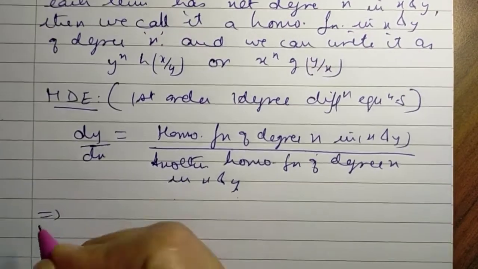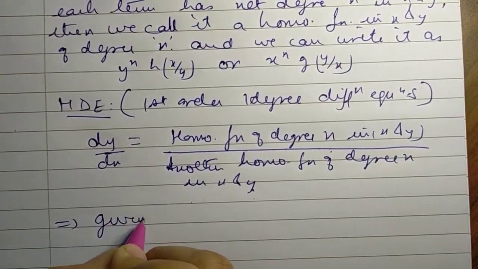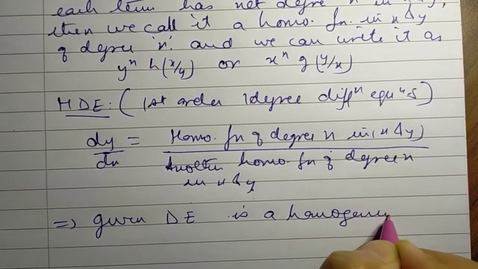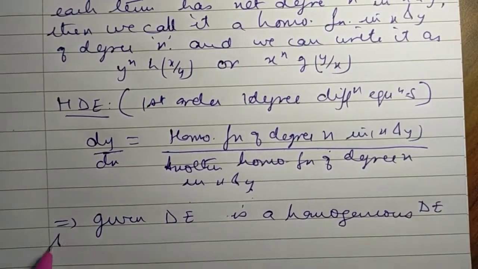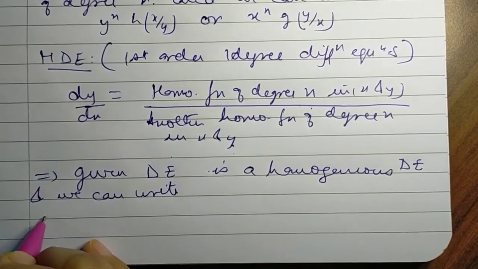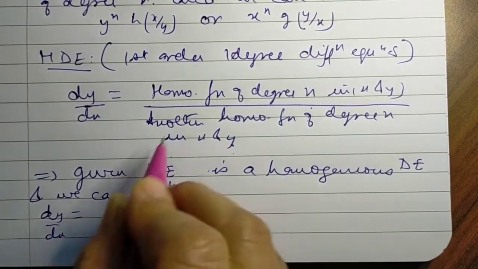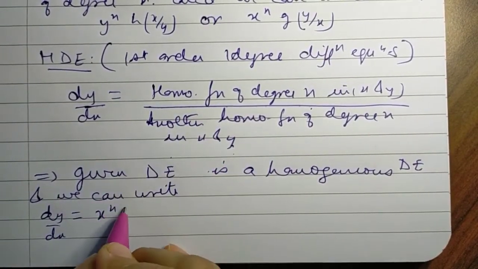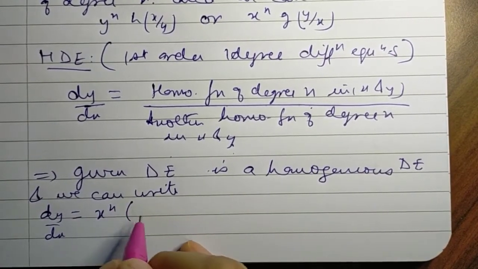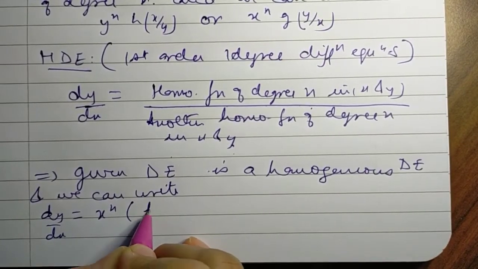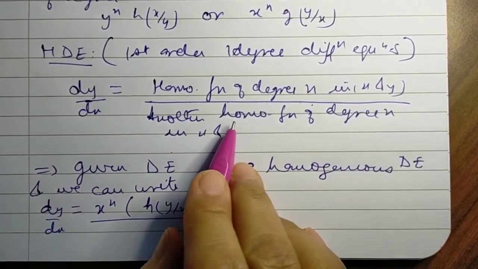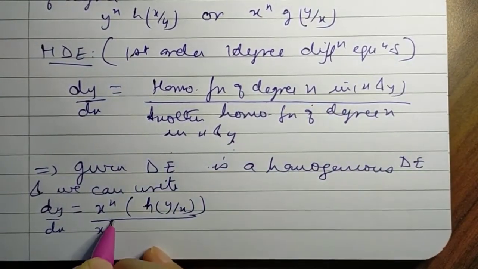Then we say that the given differential equation is a homogeneous differential equation, and we can write it as dy by dx is equal to, we can take out x raised to power n common in this and I'll get some function of y by x here, let me write, h of y by x, upon another, from the denominator also I can take out x raised to n.